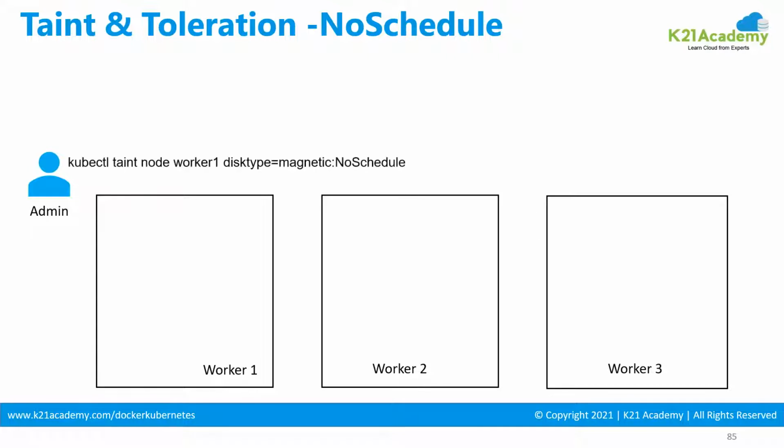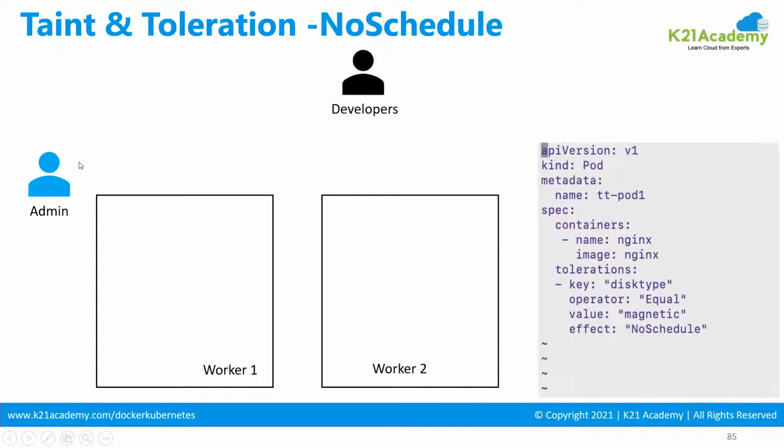Taint and toleration, NoSchedule. Again, this is the same example, and here you write that the pod having this particular information should be tolerated. So what will happen? This worker1 has a taint called disktype=magnetic:NoSchedule, and with the help of this YAML file we are saying, please deploy this on worker1.